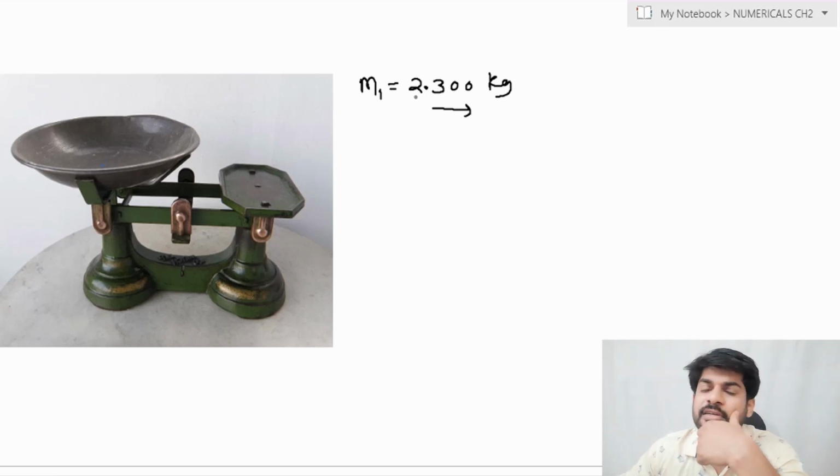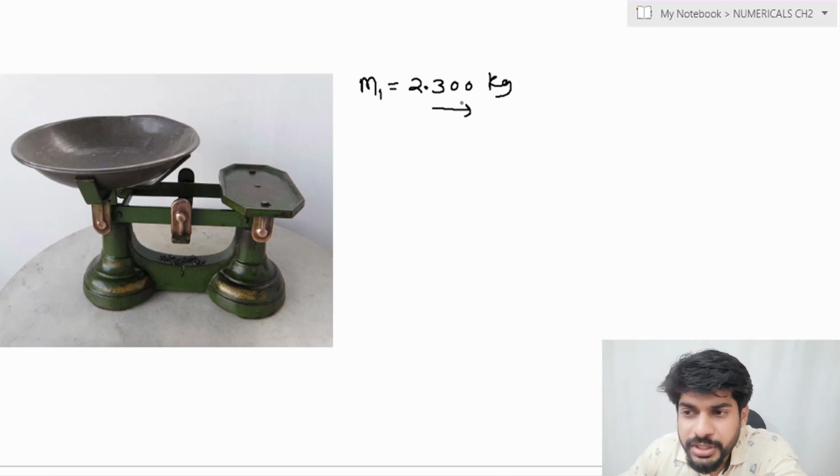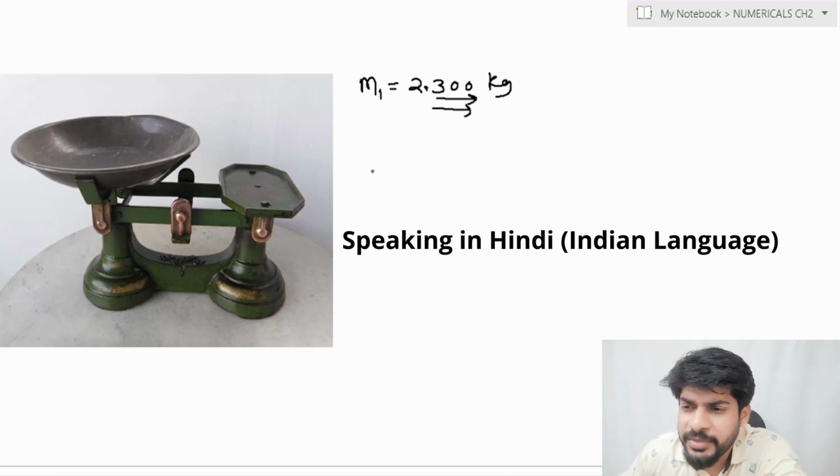But do you think that any storekeeper will measure this mass up to the third decimal place? If you go there, generally he will say, nahi bhaiya ji, ye to 2 kilo aur kuch 300-400 gram lag raha hai. He will say something like this: ye 2 kilo hai aur shayad 300-350 gram hai, thoda aage hai.